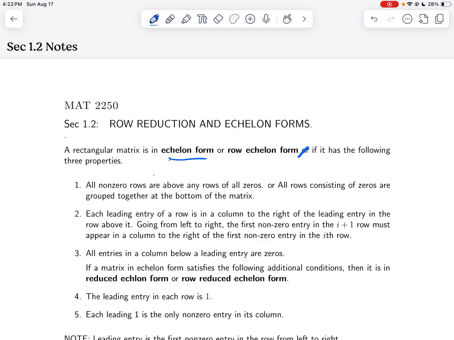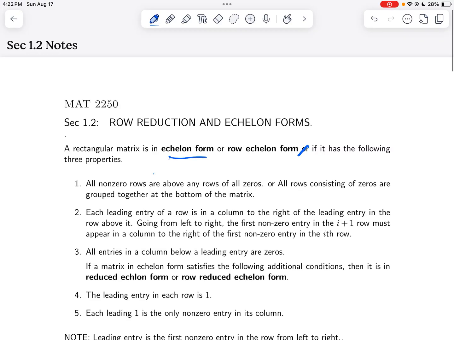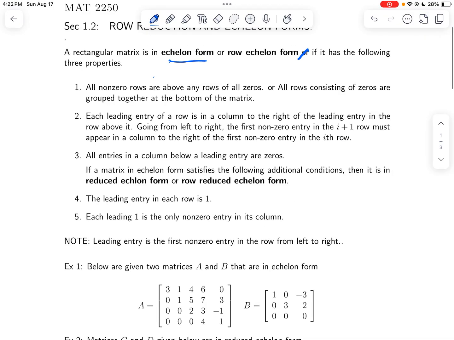Second, each leading entry of a row is in a column to the right of the leading entry in the row above it. Let me show you an example here, and this will make it clear. So let's look at matrix B down here, and actually we will look at both A and B. The first statement says all non-zero rows are above any rows of all zeros.